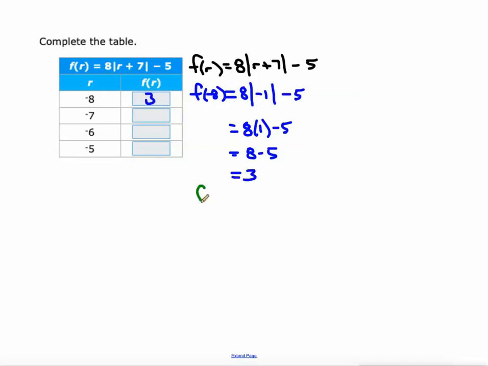Let's do f of negative 7. All right, 8 times the absolute value of negative 7 plus 7, which is 0, minus the 5. 8 times the absolute value of 0, or 8 times 0, minus 5, which would be 0 minus 5, which is negative 5.